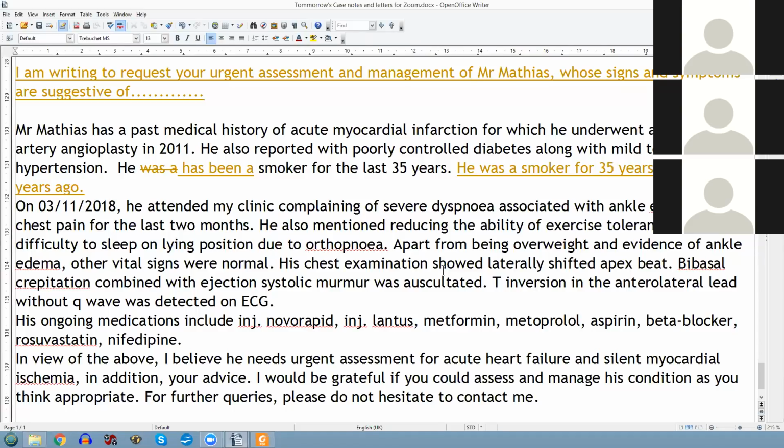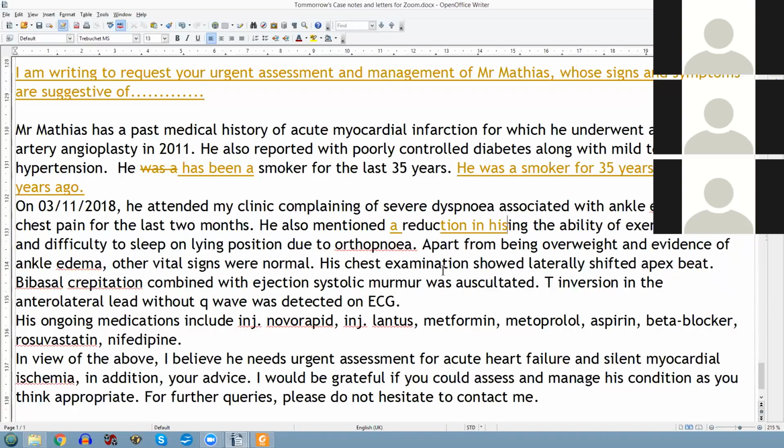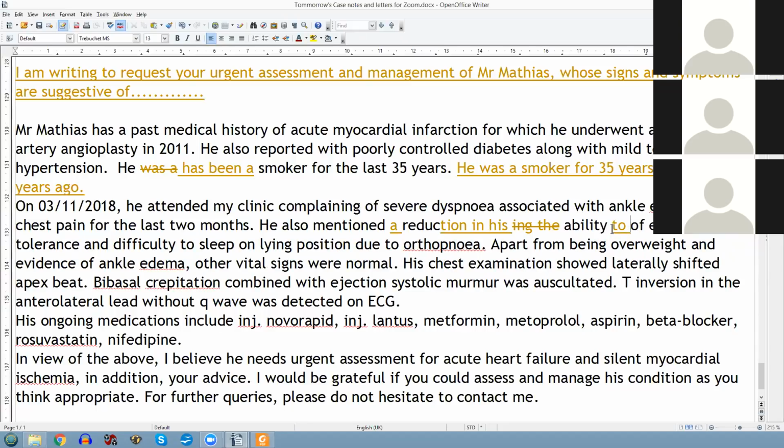Okay, 10 minutes left. Sorry. So, "he also mentioned a reduction in his ability to exercise." That's better.